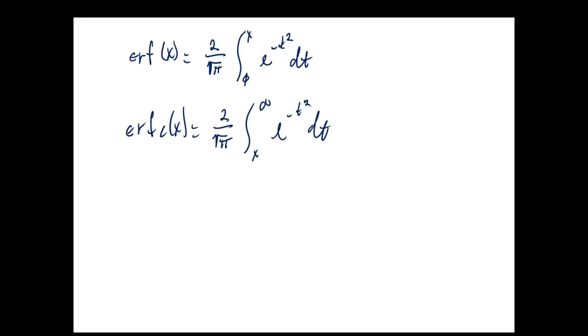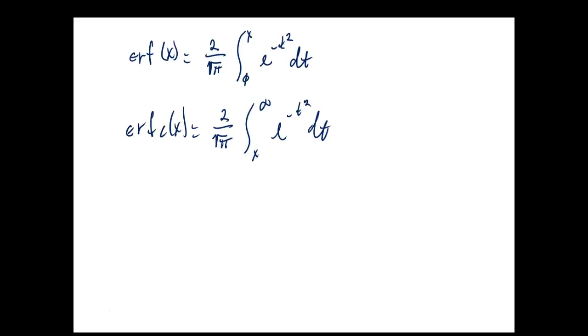I don't know about the coefficients and all like that, but I think this is a function that basically describes your bell curve, and the 0 to x would be from here to there, and x to infinity would be everything beyond that. And that's why they call them complementary functions, and I think the 2 over root pi normalizes this, so the area under that is equal to 1. I'm not sure, it's been a while since I dealt with it, but it seems like that's characteristic of it.